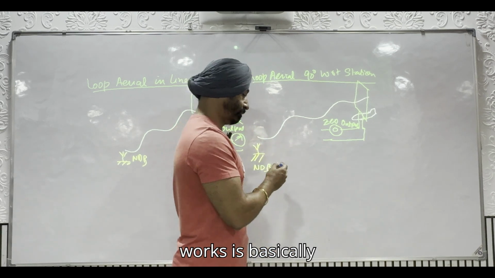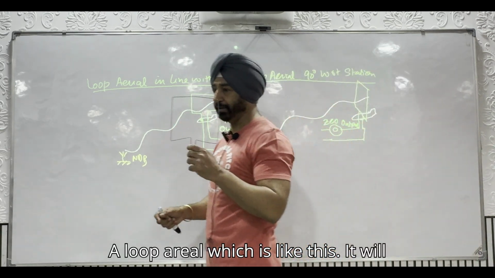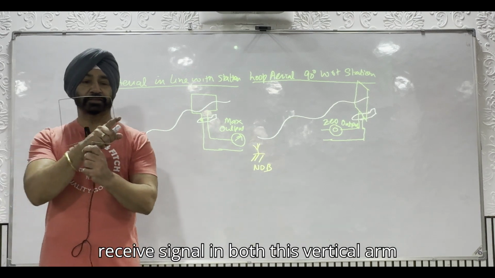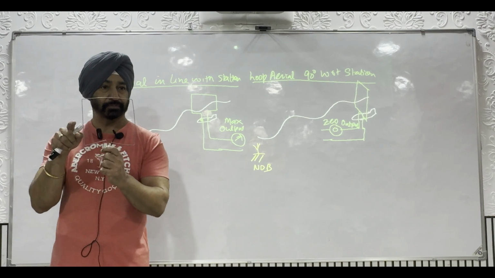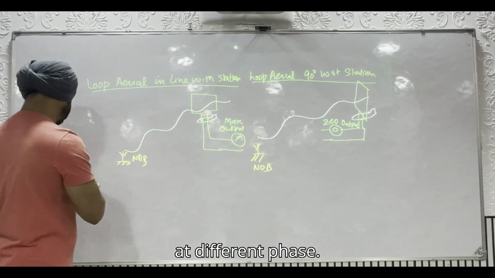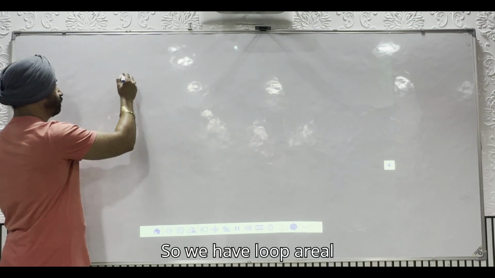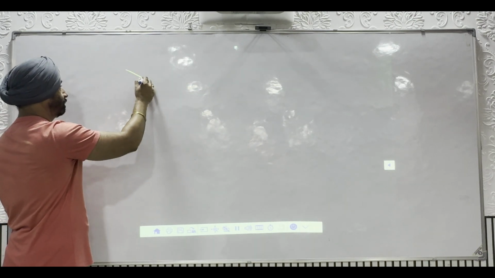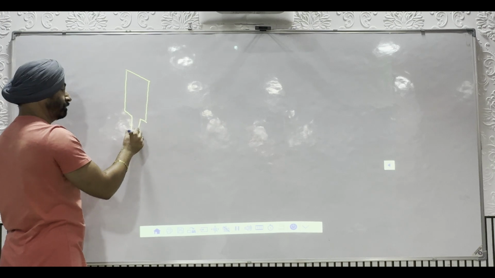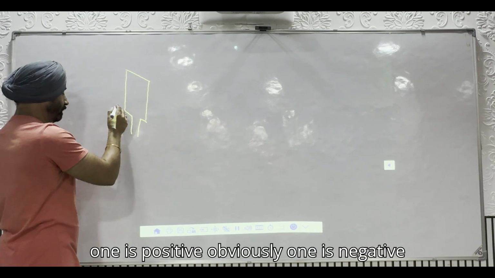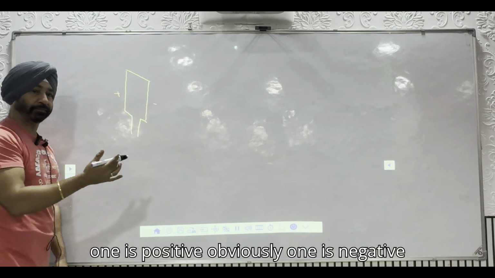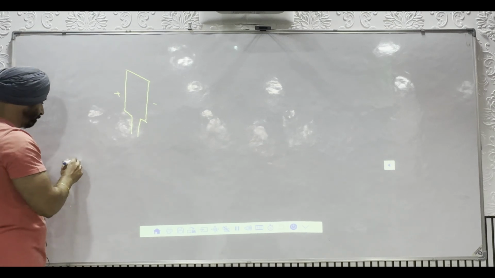So how it works is basically a loop aerial, which is like this. It will receive signal in both these vertical arms at different phase. So we have the loop aerial. One is positive, obviously one is negative because of potential difference.